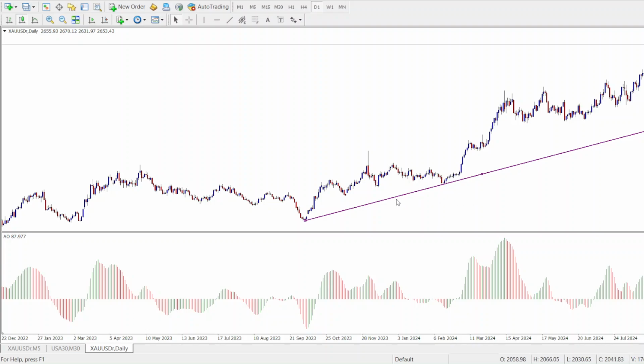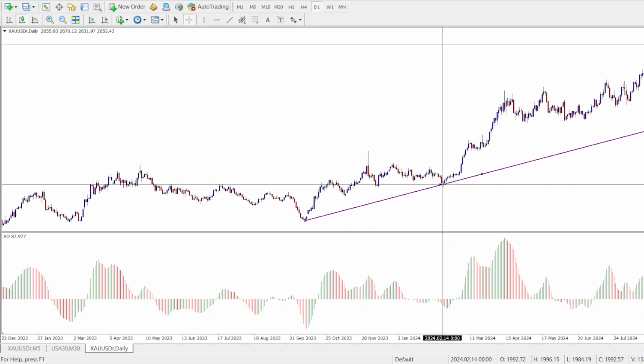For example, if we were using trend lines to confirm our entries, we can see that right after the line of the Awesome Oscillator crossed above the zero level, after these green lines began to form, price had already bounced off the trend line and was moving higher.